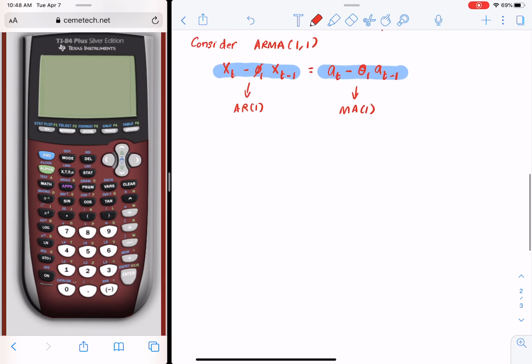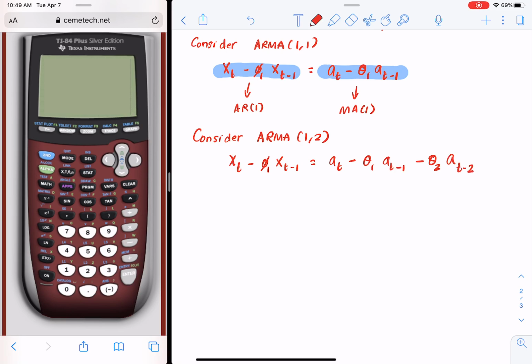In a similar manner, we could have an ARMA(1,2) model. In other words, there is one coefficient in the AR part and there are two coefficients in the MA part, and we would have X_t minus phi_1 X_{t-1} equals a_t minus theta_1 a_{t-1} minus theta_2 a_{t-2}.